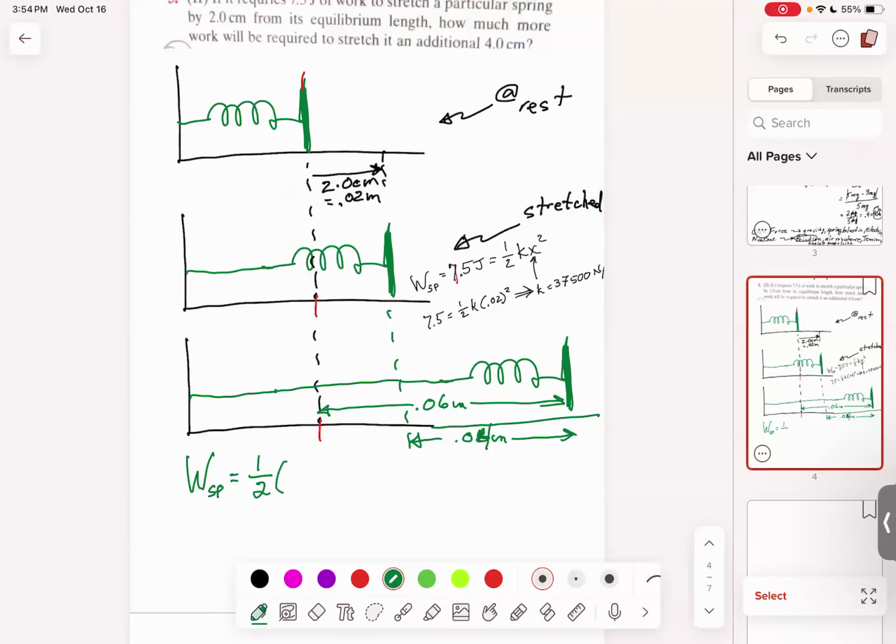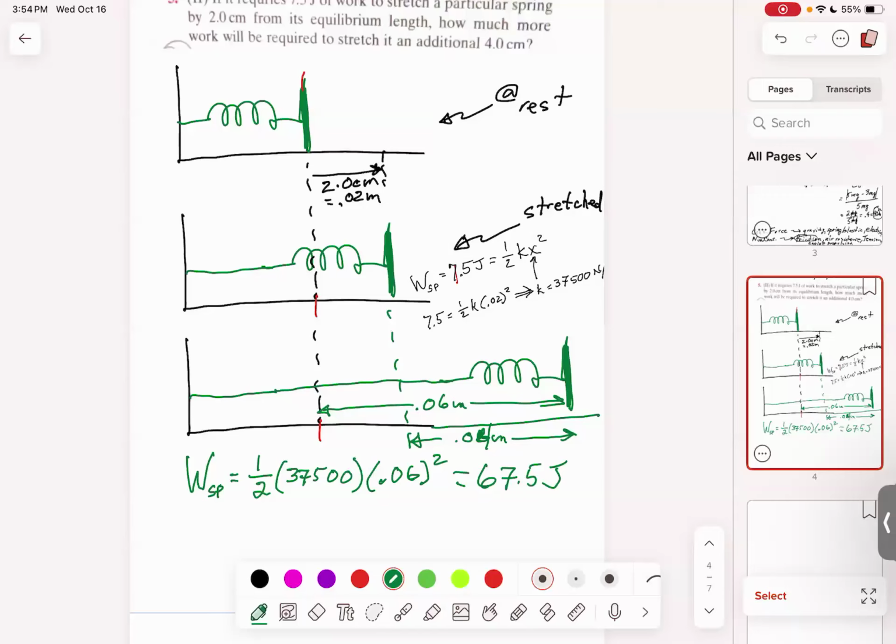Now we know the spring constant this time. It was that 37,500 newtons per meter. The displacement from equilibrium is equal to 0.06 meters. And when we do the math on that, we should get 67.5 joules.